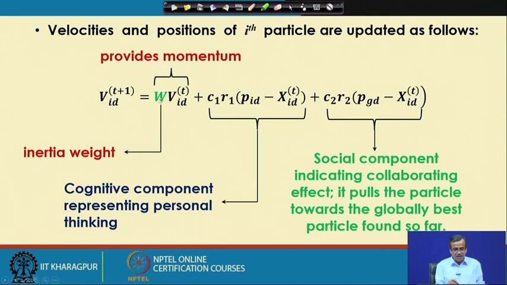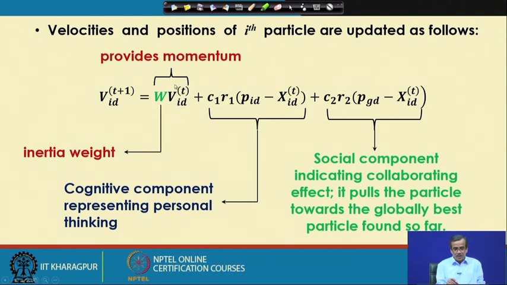That is w multiplied by v id at t. This w is the inertia weight, and we will have to assign some numerical value to it, and v id at t is the velocity of the ith particle corresponding to the dth dimension at the tth iteration.